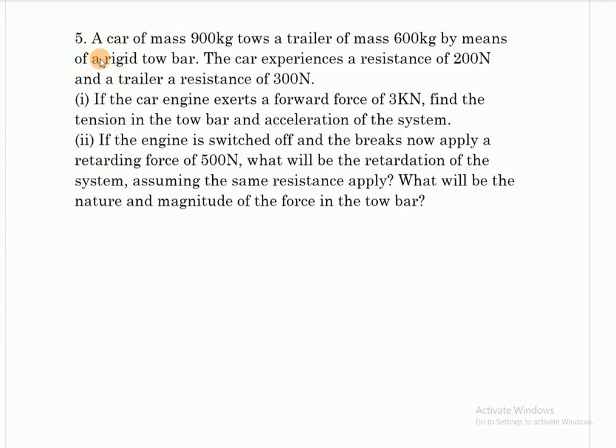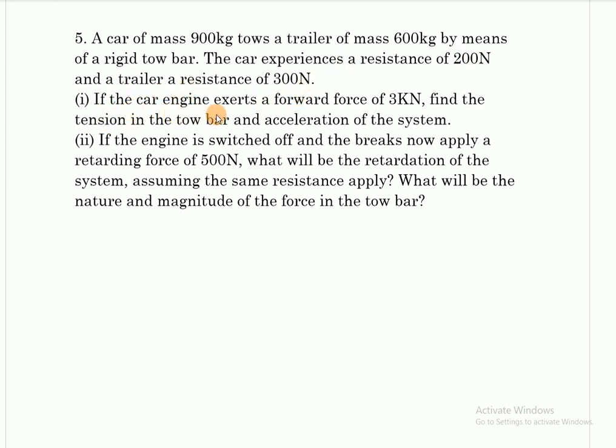We have a car of mass 900 kilograms. A car of mass 900 kilograms tows a trailer of mass 600 kilograms by means of a rigid tow bar. The car experiences a resistance of 200 newtons and the trailer a resistance of 300 newtons.